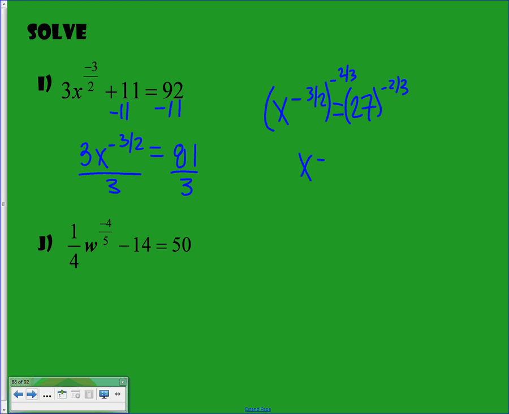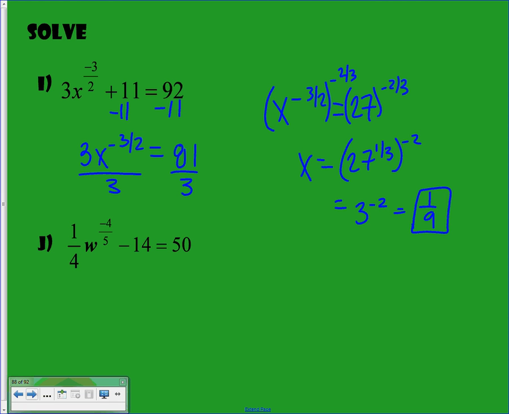So I'm going to get x equal 27 to the 1/3 and then to the negative 2. 27 to the 1/3 is 3, to the negative 2 is 1/9. Okay, 3 to the positive 2 is 9, and then flip it. Okay, so 1/9 is my final answer. Lots of steps there, just take them nice and slow.